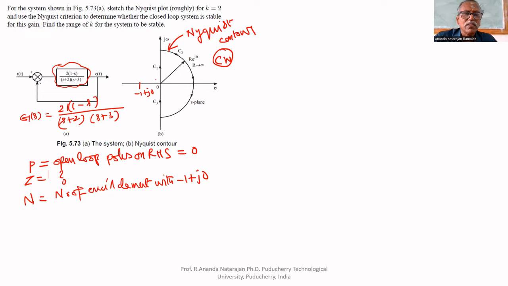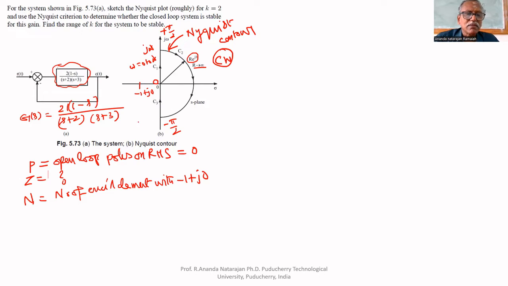One is C1, that is from 0 to j infinity, omega varies from 0 to infinity. Second segment is r e power j theta, R tends to infinity, theta varies from plus pi by 2 to minus pi by 2. A semicircle of radius infinity.